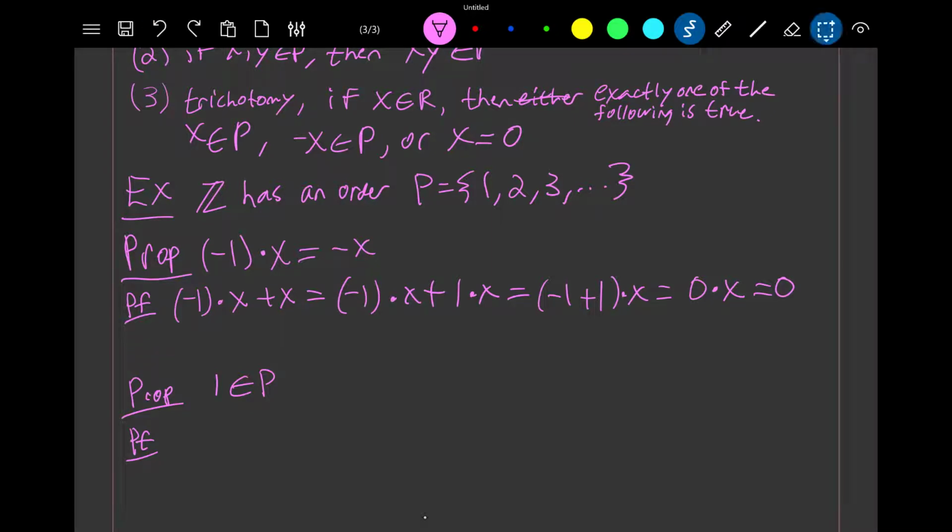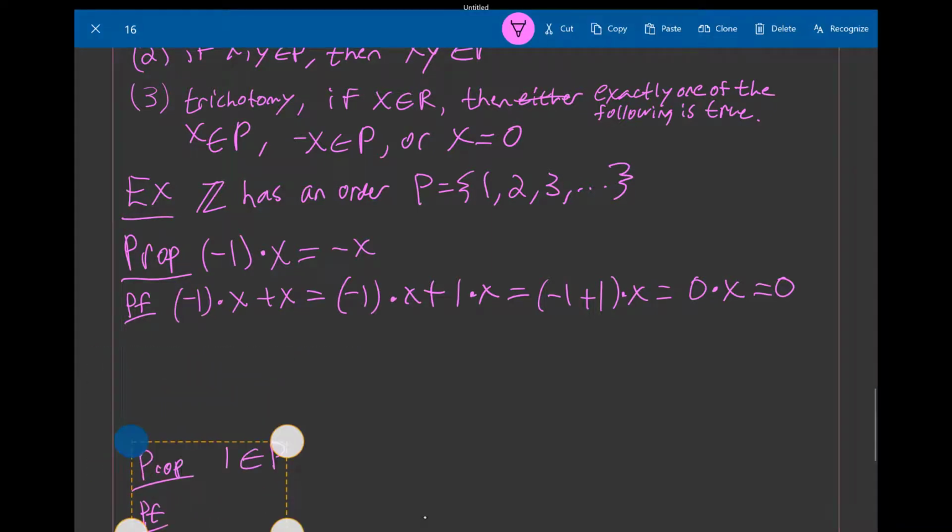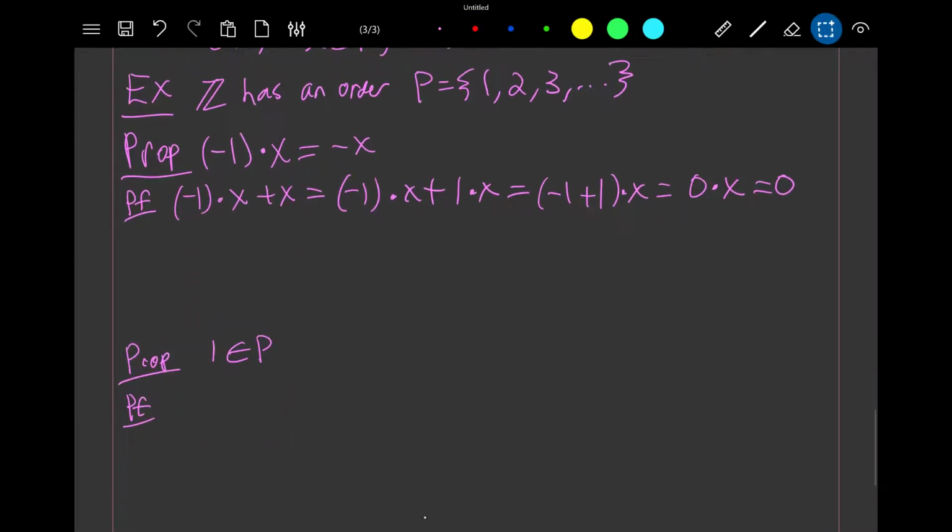And then what I can do here, maybe I should move this down some more. So -1 times -1 is equal to 1.